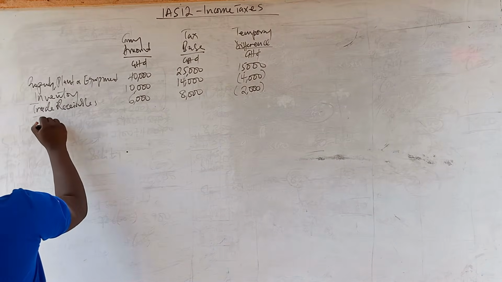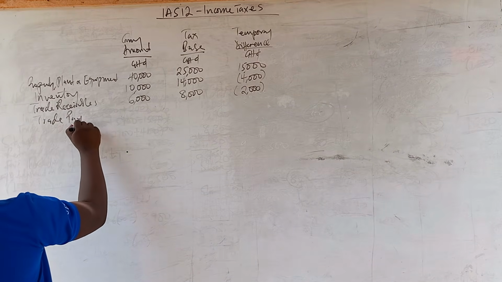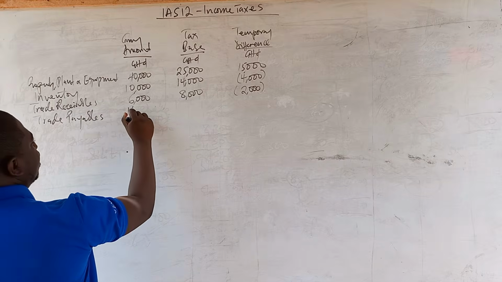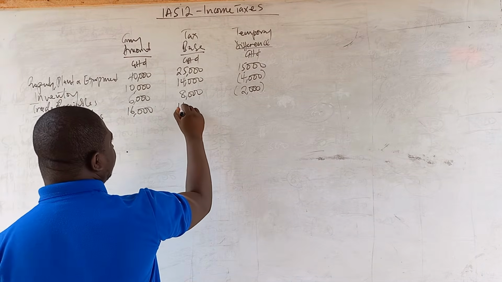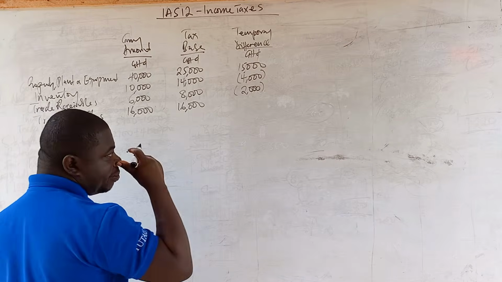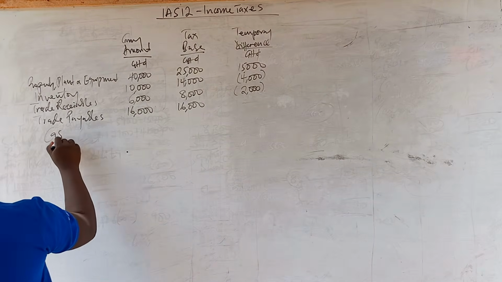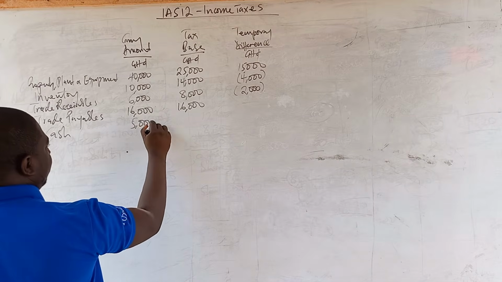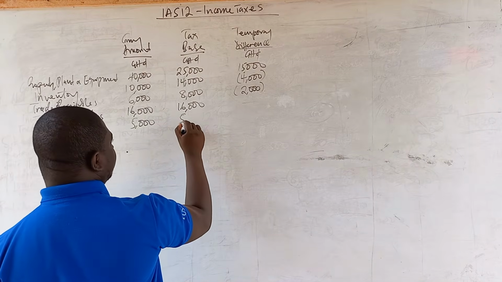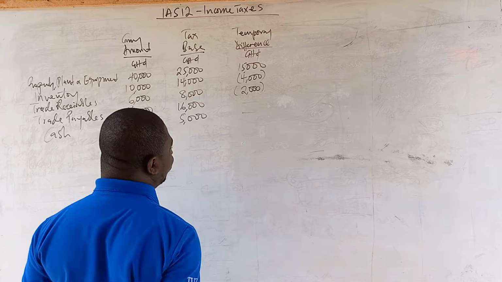Now, the trade payables is next. Trade payables is 16,000 for carrying amount and the same 16,000 for tax base. So there is no temporary difference on the trade payables, as well as the cash. The cash is also 5,000 for both carrying amount and the tax base, giving us no temporary difference.